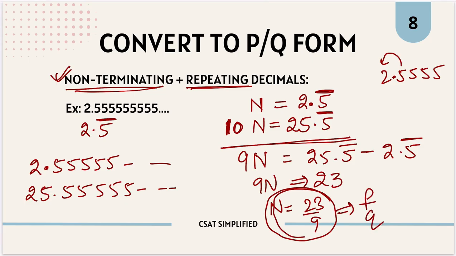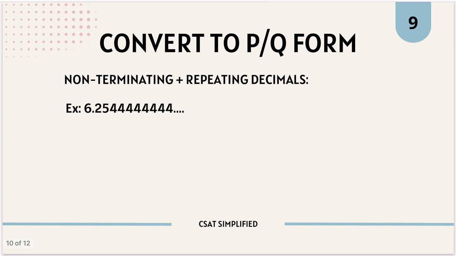Correct? Easy. So to represent it in this form, you need to do this, where n is 2.5 bar, multiply it by 10, then you can do the calculation and finally you get the answer. I hope it is clear. Now moving on, let's see another example of it, and that is going to make it even clearer for you.